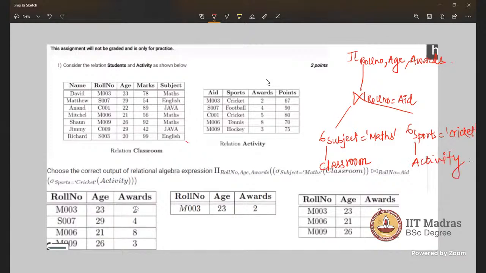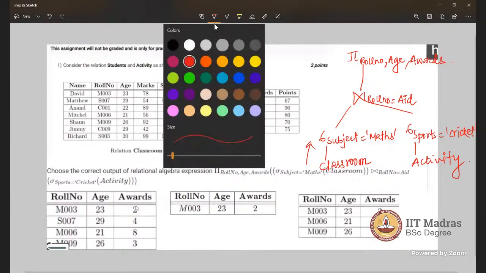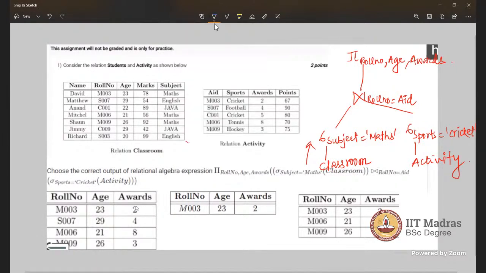So how do we evaluate this particular one? We use the bottom-up approach. Let's check the classroom where subject is math. This one, David, next this one, Michelle, and this was Sean.